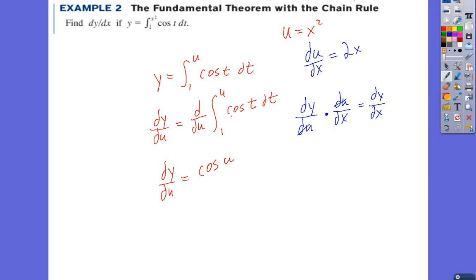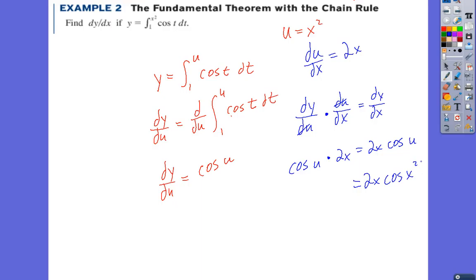So let's do that. dy/du is cosine of u times du/dx, which is 2x, and that's going to equal dy/dx, which is 2x cosine of u. But again, I want everything in terms of x, so that's going to be 2x cosine of x squared.